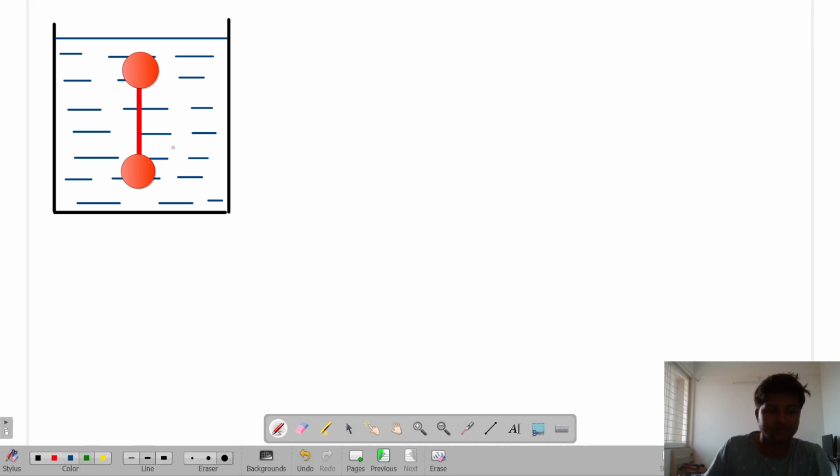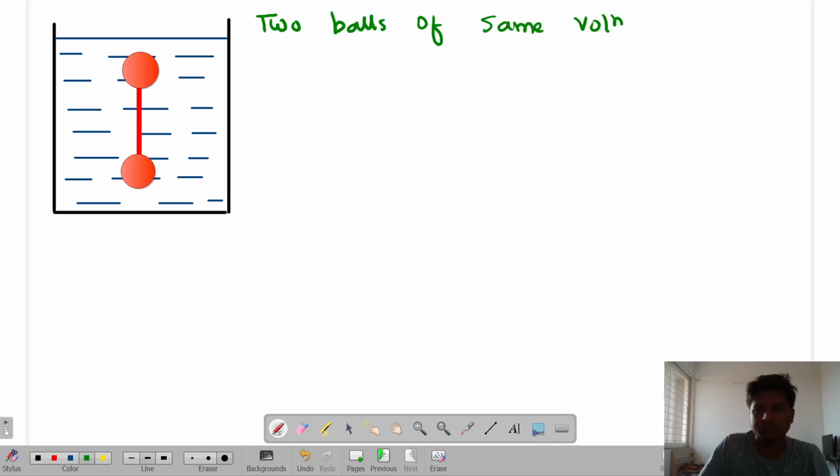These are two balls, not equal masses, of the same volume, in equilibrium as shown.